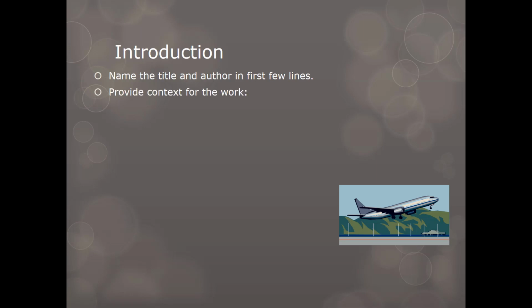Then we also need context for the work. Here are a few questions you might answer to give us context. What is the rhetorical situation surrounding this text? What is its setting? Thinking about all the terms we have been studying in the last couple weeks, think about which of those are most relevant.